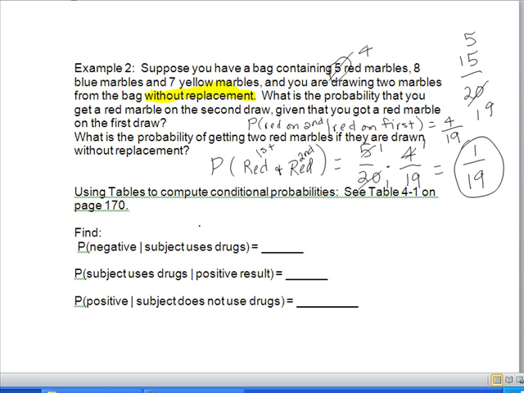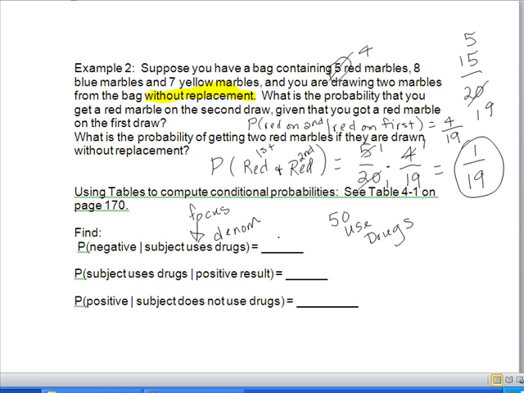As we look on that row, there are 44 true positive and 6 false negative. So that's a total of 50 people who use drugs. The condition that's given gives us the denominator.